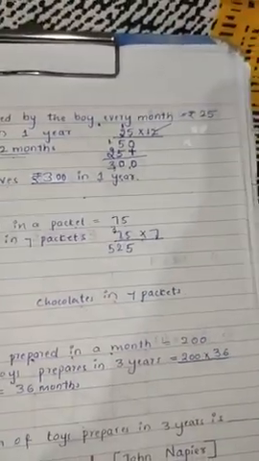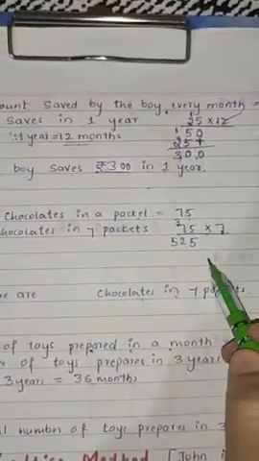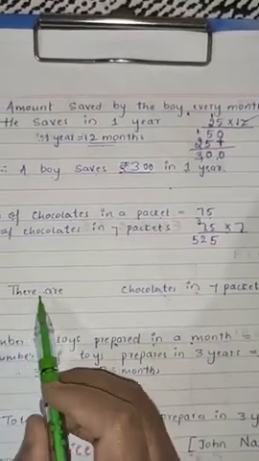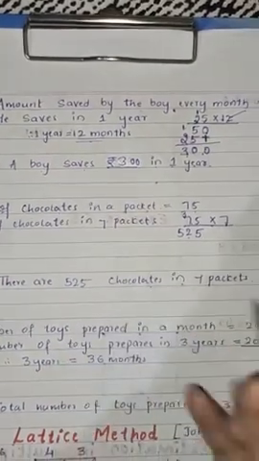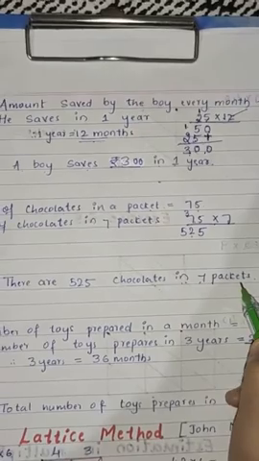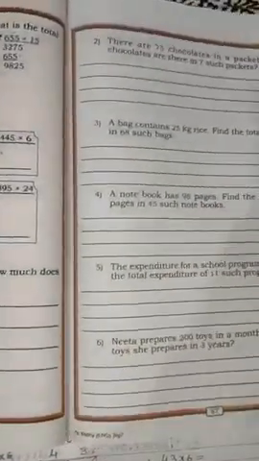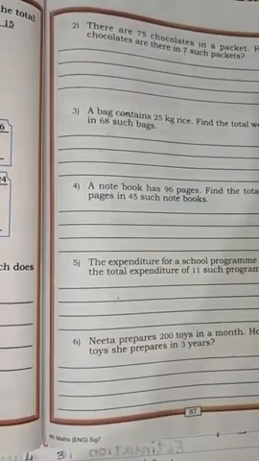So how many chocolates are there in 7 packets? Therefore there are 525 chocolates in 7 packets. Understood, children? Okay, now let's take one more example. Here the 3, 4 and 5 are easy. You just try to do it by yourself.